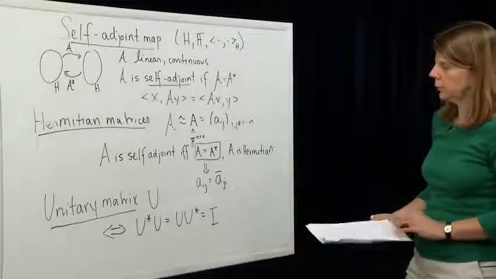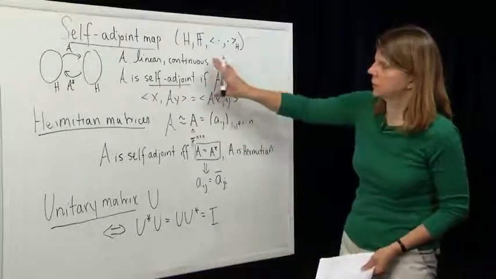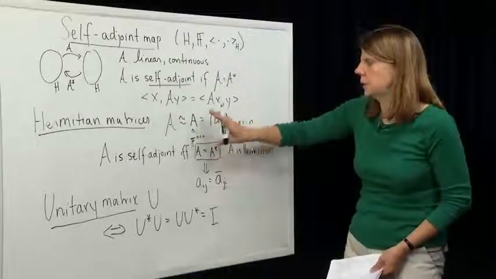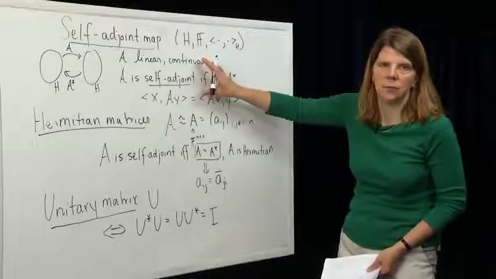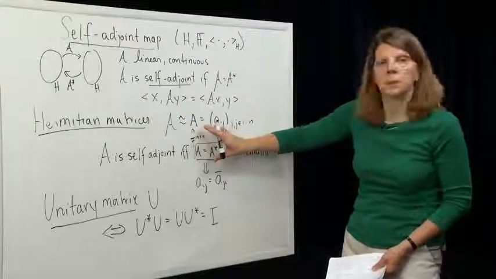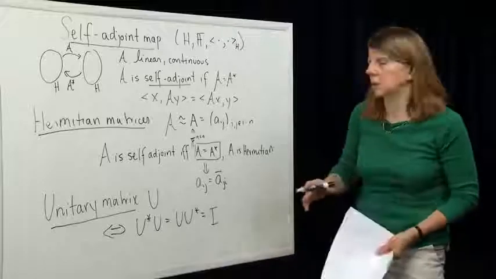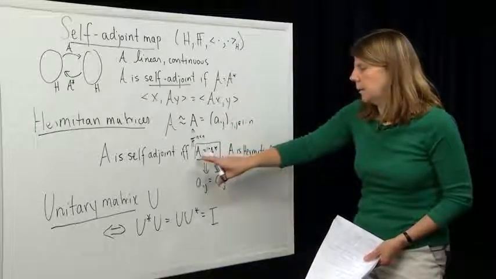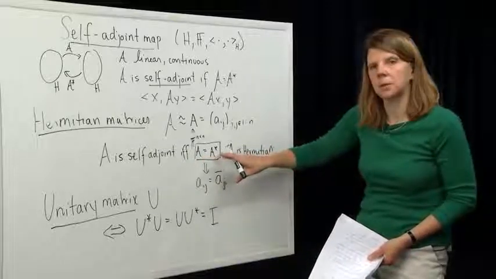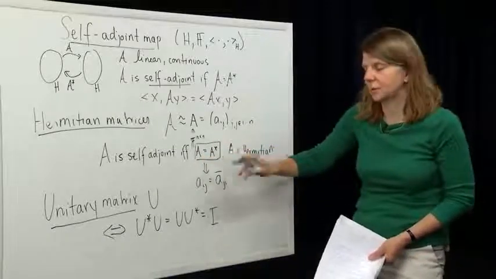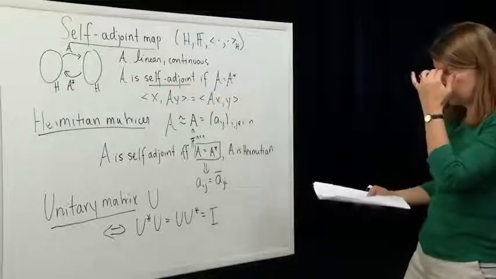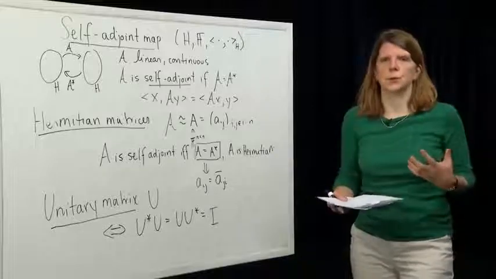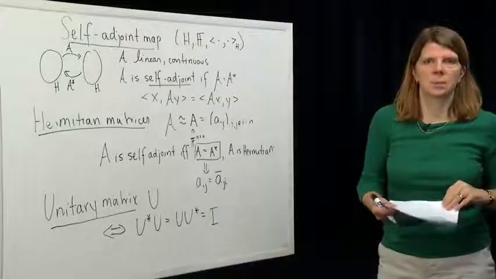Okay, so now with these concepts, the concept of self-adjointness, the understanding of how the matrix representation of the map and the matrix representation of its adjoint are related to each other, and this definition of unitary matrices, we can now start to do some useful structural analysis of matrices.